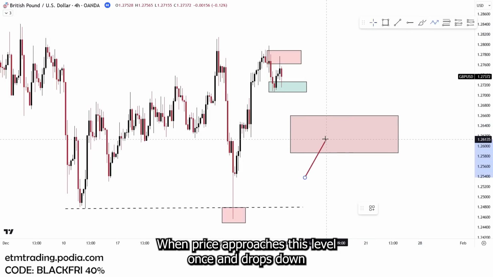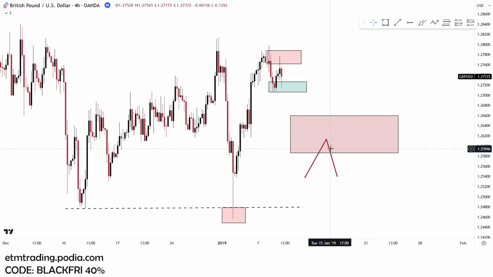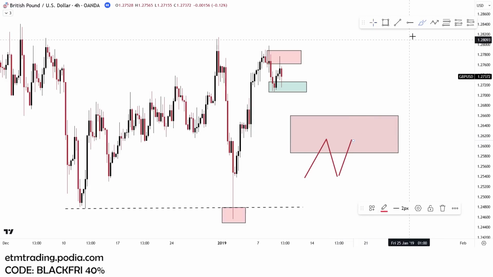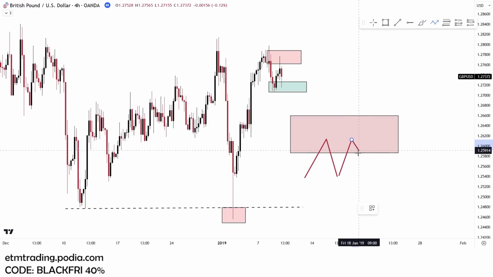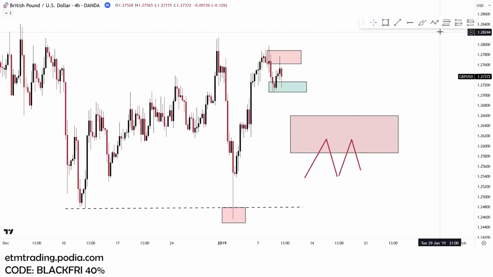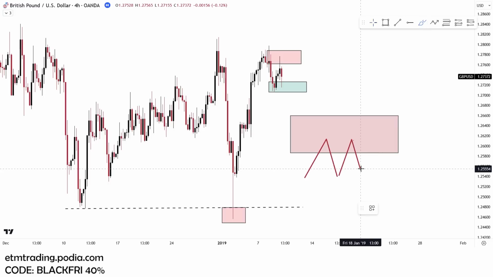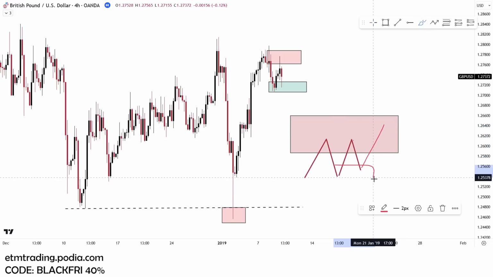When price approaches this level once and drops down, sells were already used to bring price down. So when price approaches this level for the second time, you can anticipate there's less sell orders. So now in the micro, when this supply level is met again with your micro demand, along with the initial trend and your sellers being trapped as your macro context, you are expecting price to continue to the upside with this demand level being the catalyst.